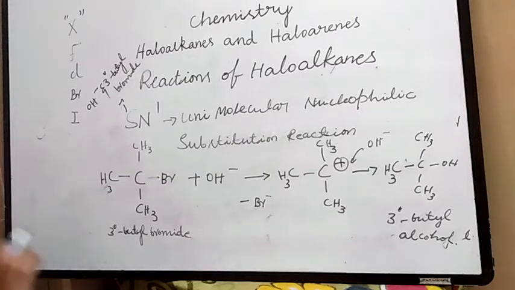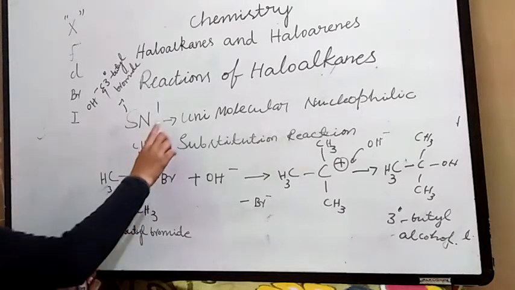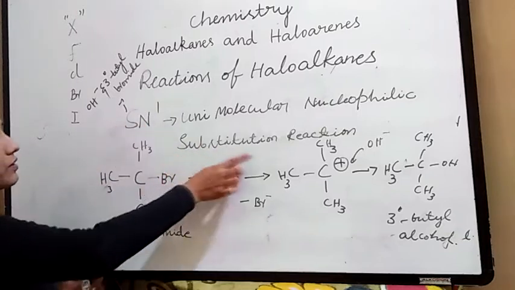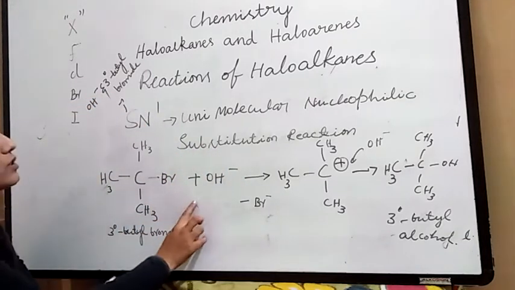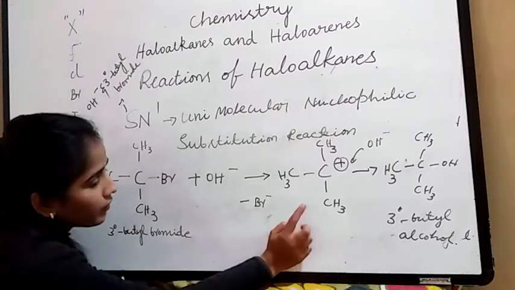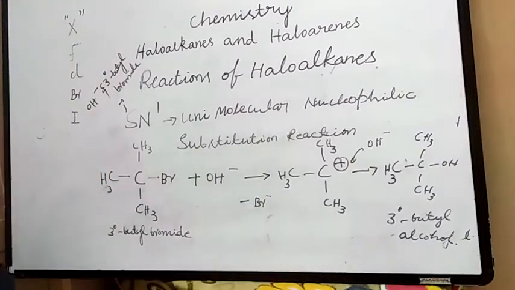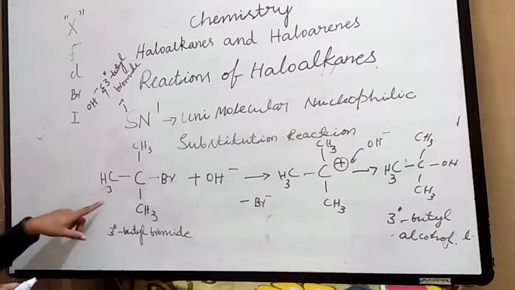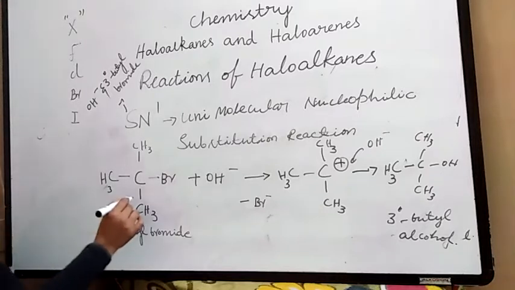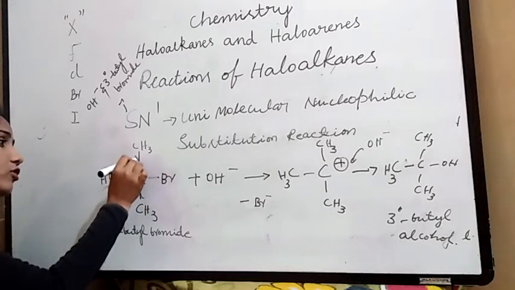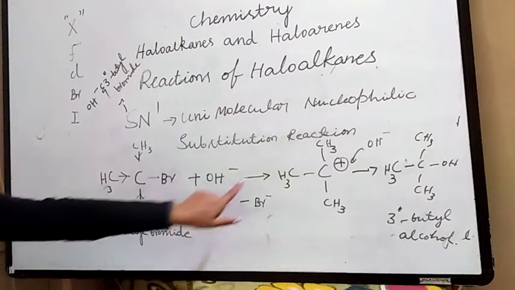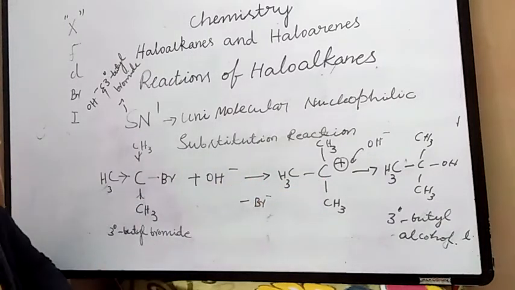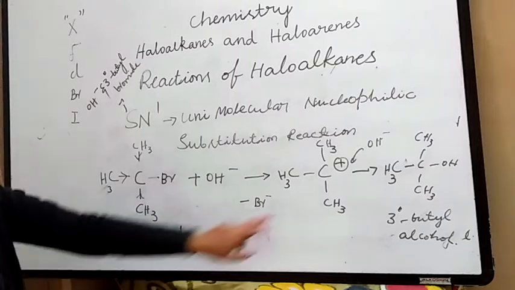You should first write unimolecular nucleophilic substitution reaction. Tertiary butyl bromide reacts with OH minus. Why the carbocation is formed: in tertiary butyl bromide, the 3 methyl groups release electrons towards the central carbon atom. As a result, it undergoes ionization to form a carbocation, a more stabilized tertiary carbocation.